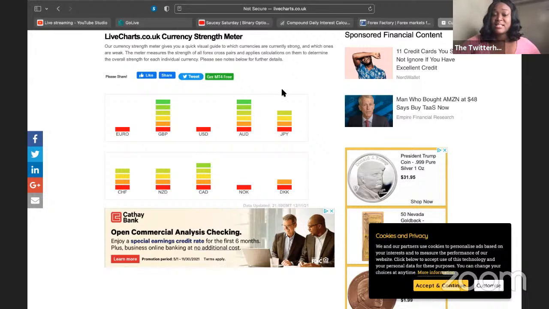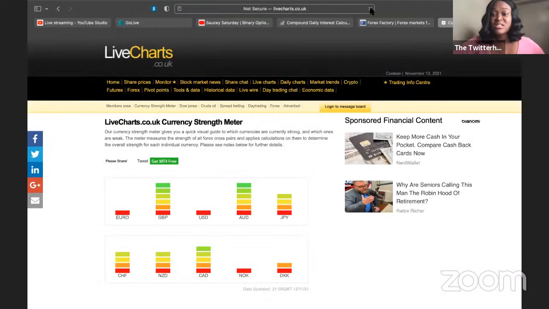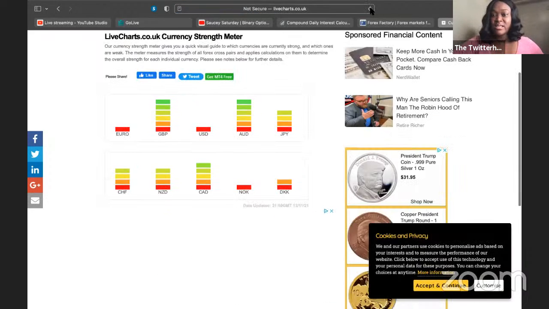Now, this site does not allow you to have the most up-to-date thing. Like if you had this open for an hour and you come back and you jump on a trading session, you need to hit refresh. It doesn't refresh automatically.